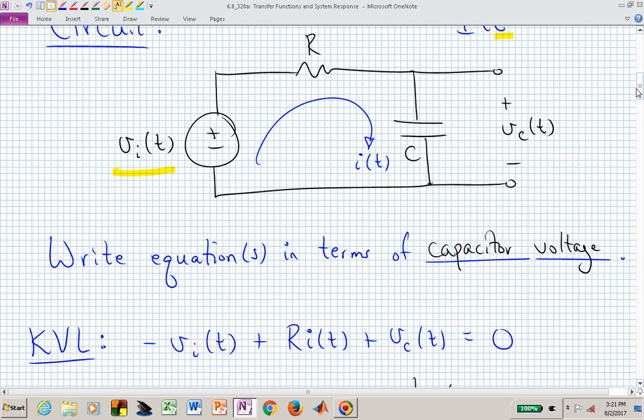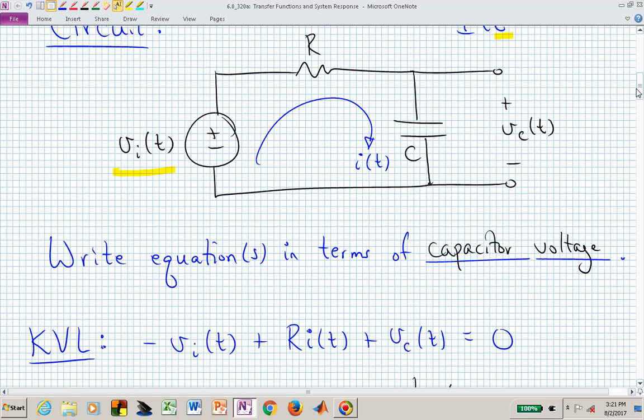But we said we want to write the equation in terms of capacitor voltage. We have the independent variable, which is V sub I of t. We have capacitor voltage, but we also have another dependent variable there, I, which we don't want.